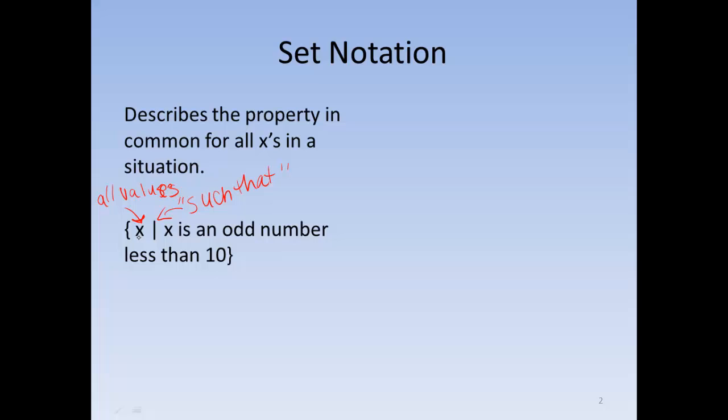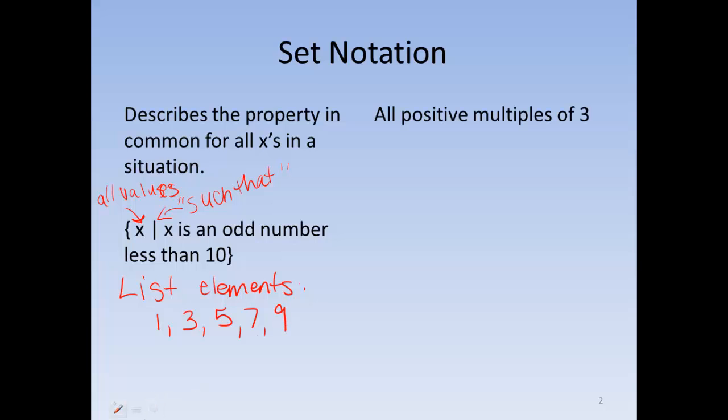So we have all values such that x is an odd number less than 10. And we can actually list the elements of the set. To list the elements of the set, we would list all the odd numbers less than 10. So 1, 3, 5, 7, and 9.